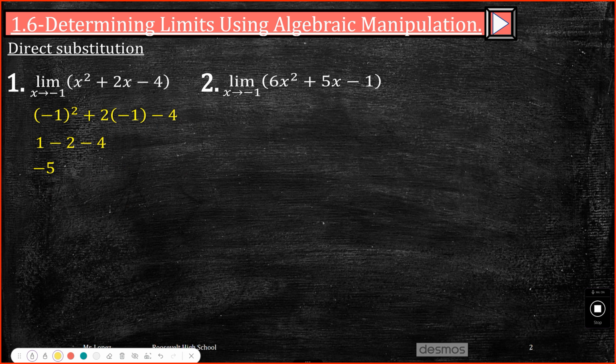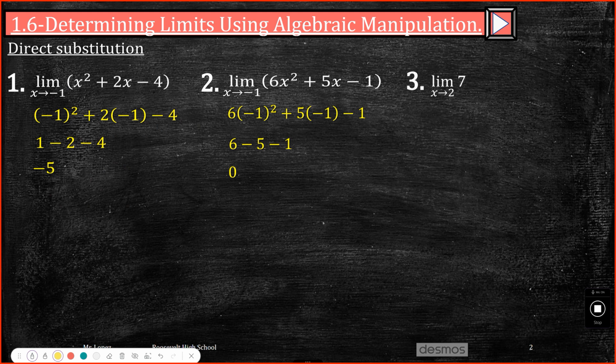What did you get on this one, Adam? Okay. Just plug it in, work it all out. Do order of operations, positives, negatives. Zero is correct. Yes, it is correct.